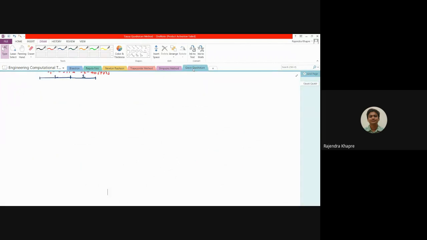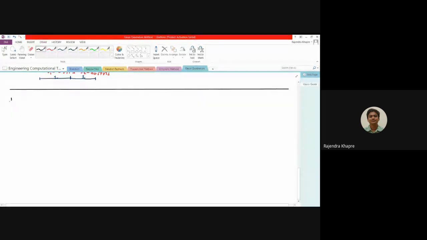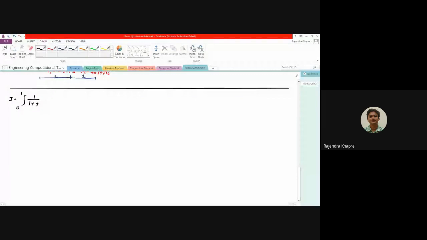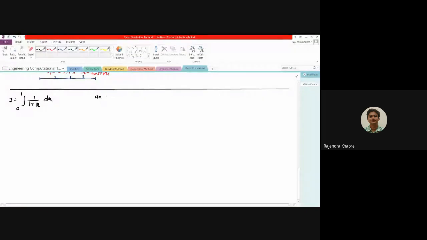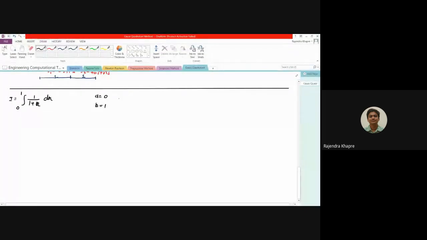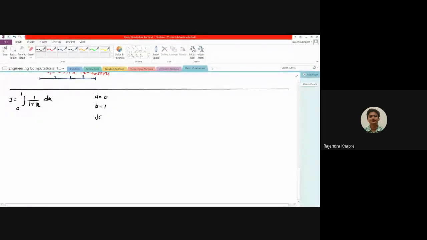So when you are solving a real life problem like this, I need to find the value of I, which is from 0 to 1, 1 upon 1 plus x into dx. So here you have the value of a as 0, value of b as 1, and you also have f of x as 1 upon 1 plus x.